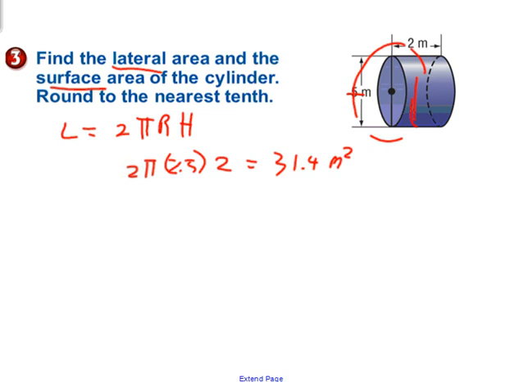Now I need to find the area of the base. The area of the base is equal to πr squared, but I've got 2 of them, a top and a bottom, so I've got 2πr squared. So it's 2 times pi times the radius, which is 2.5 squared. I'm going to do that with my calculator. 2.5 squared comes out to be 6.25 times pi times 2, 39.3.